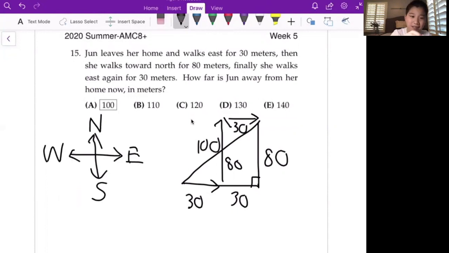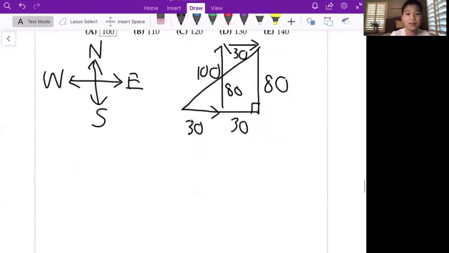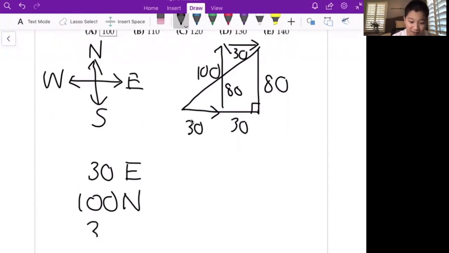So to make it easier, let's think about she went 30 to the east and then 100 north and then 30 east again. So her total eastward displacement, as they would call it, is 60 to the east.